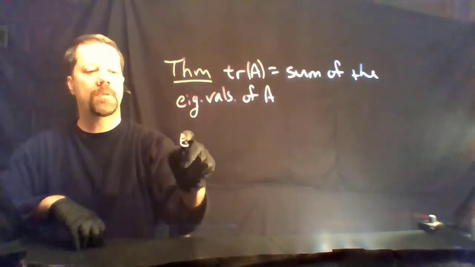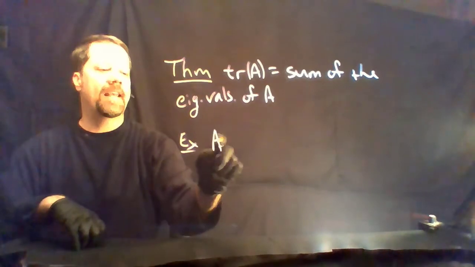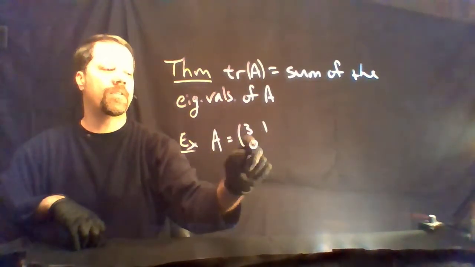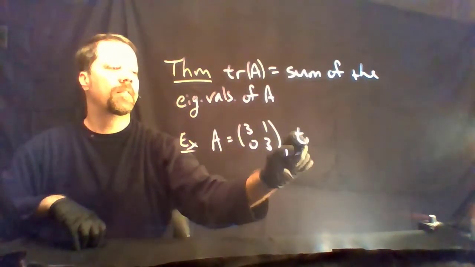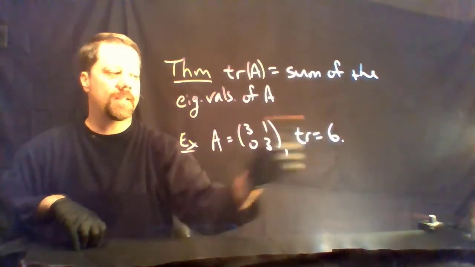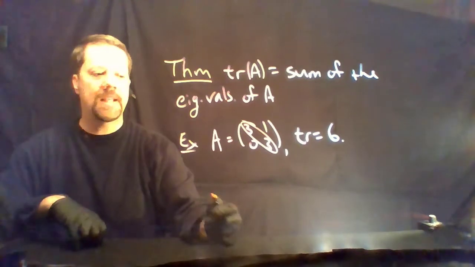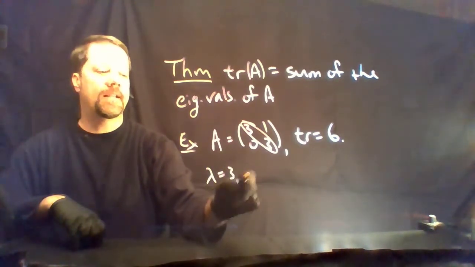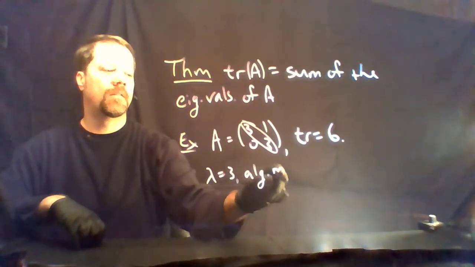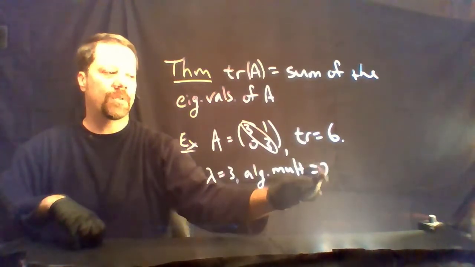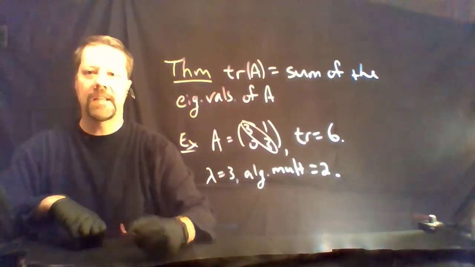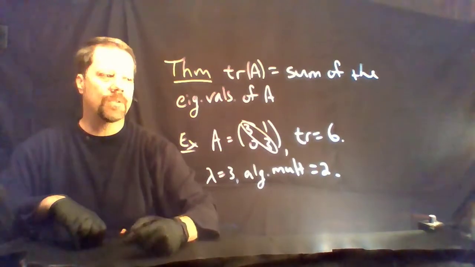So for example, if A is the matrix 3, 1, 0, 3, the trace is equal to 6, whereas these eigenvalues, lambda equals 3, has algebraic multiplicity equal to 2. So you get 3 plus 3 equals 6.